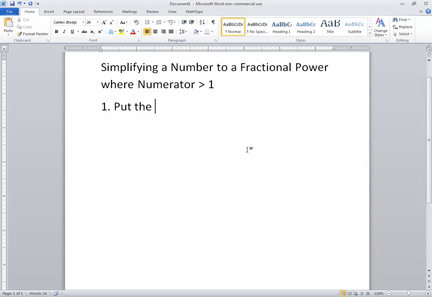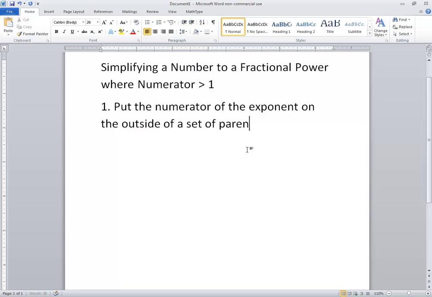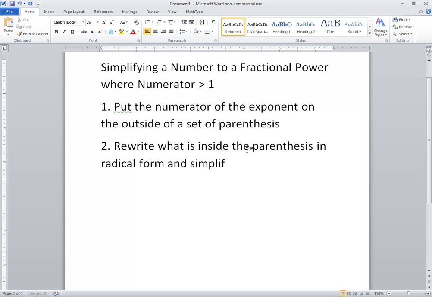Put the numerator of the exponent on the outside of a set of parentheses. Step 2. Rewrite what is inside the parentheses in radical form and simplify. And step 3, simplify what is left.